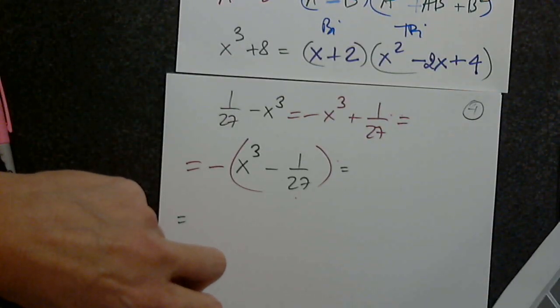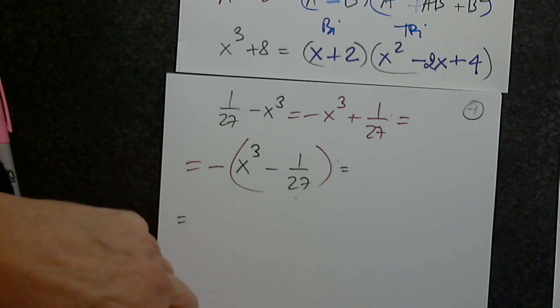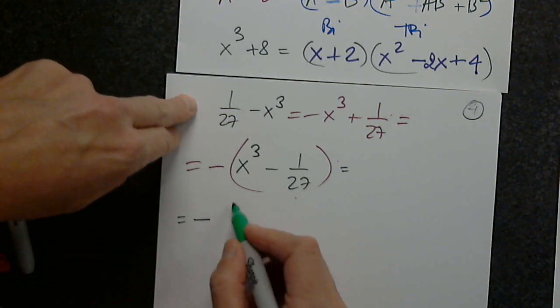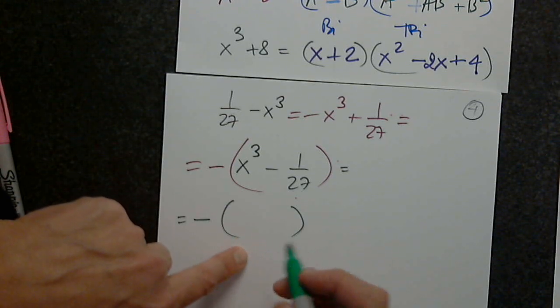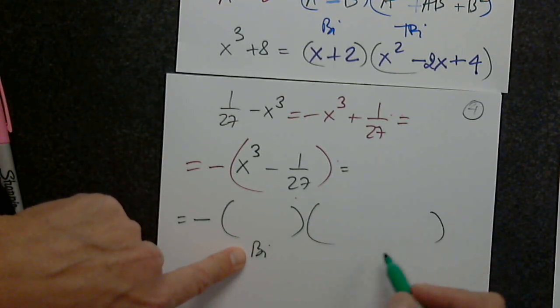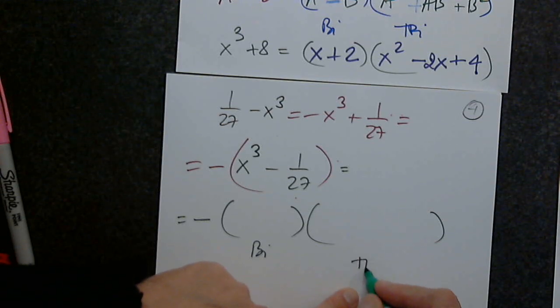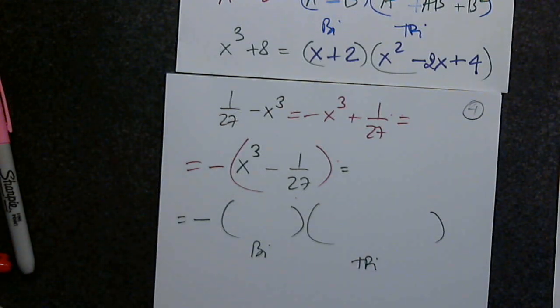Perfect cubes. Excellent. So once you say perfect cubes, then you will prepare a what first? Excellent. It's a binomial times a trinomial, the difference of cubes or sum of cubes, always.